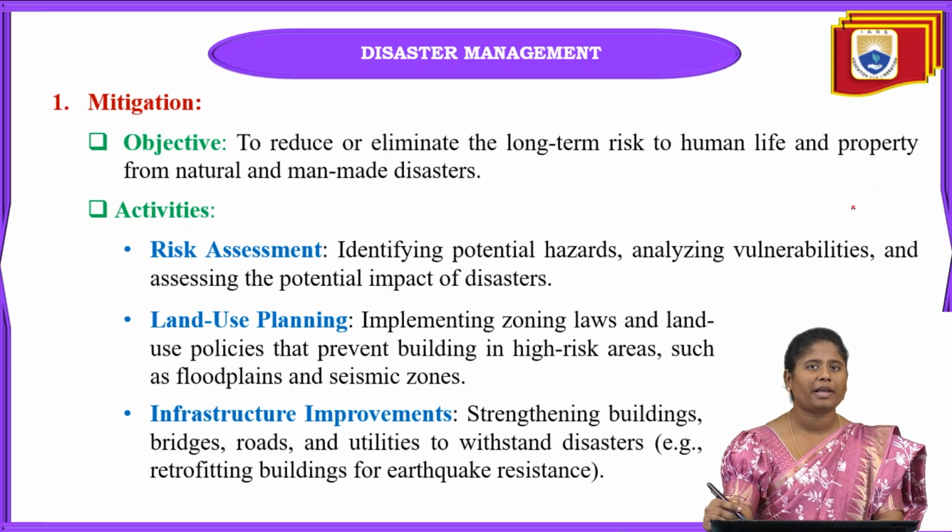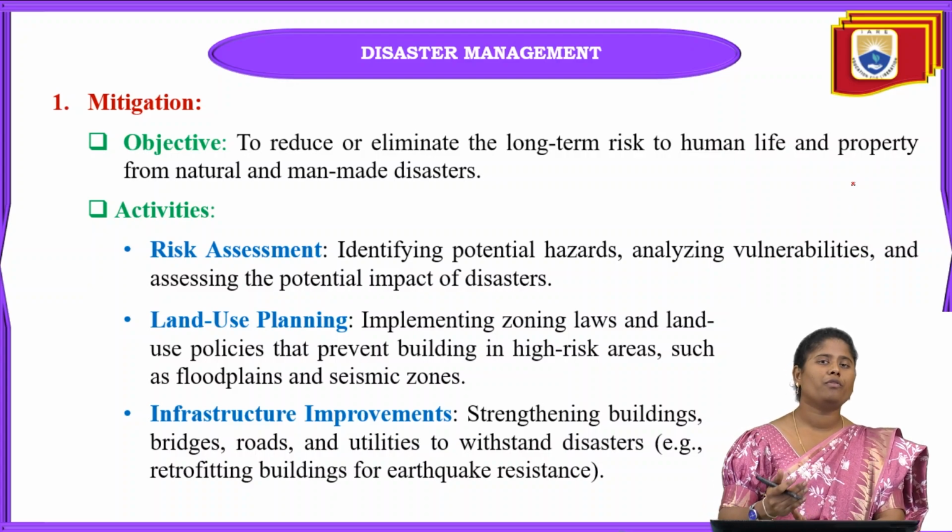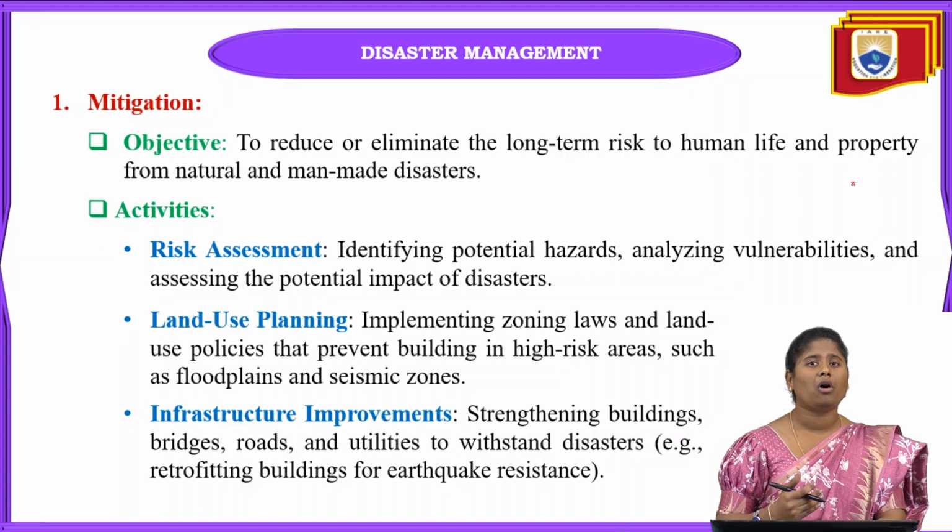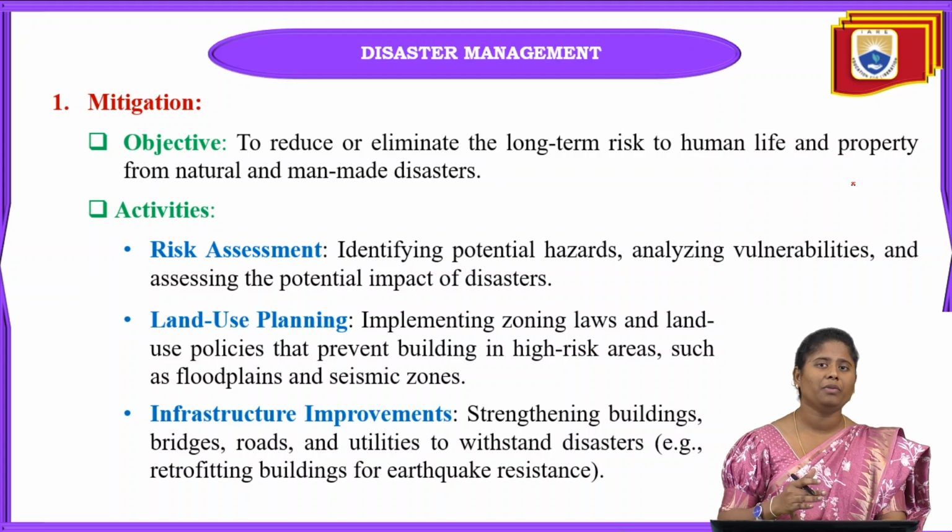These are all natural hazards. Before the disaster comes, we have to eliminate this long-term risk towards human life and property. If disasters happen, there will be so much loss to the economy of the state or even the country.